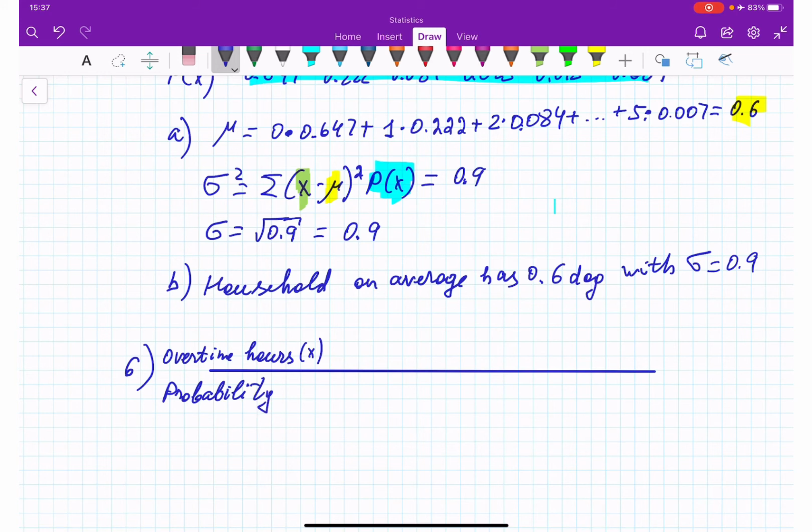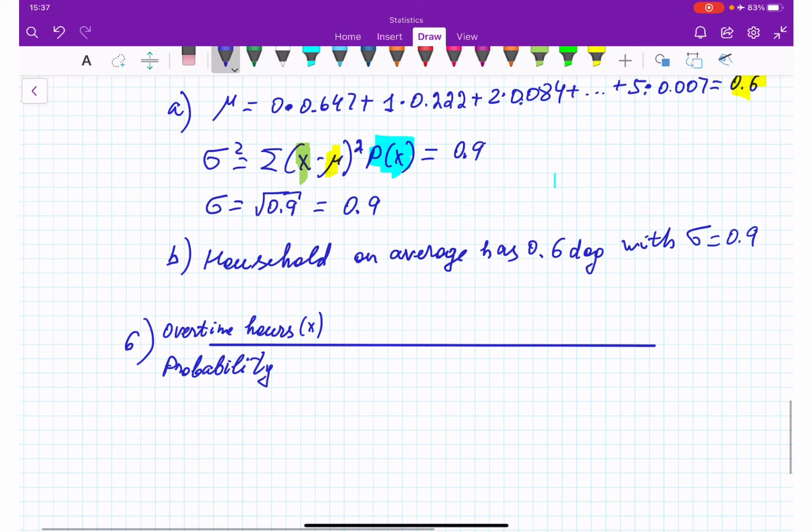Okay. So we have 6 overtime hours, from 0 to 6. For 0 it is 0.02. 1 hour overtime, 0.093. 2 overtime hours, that is 0.127.